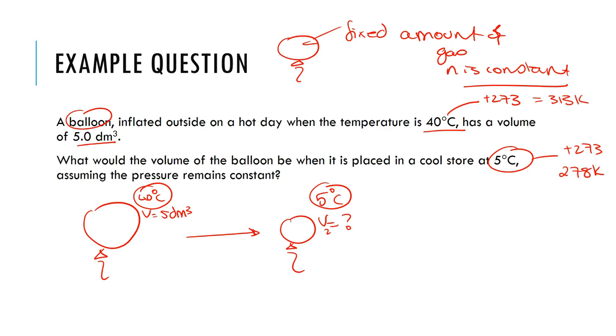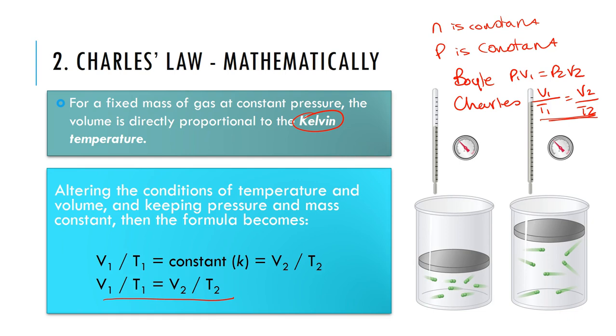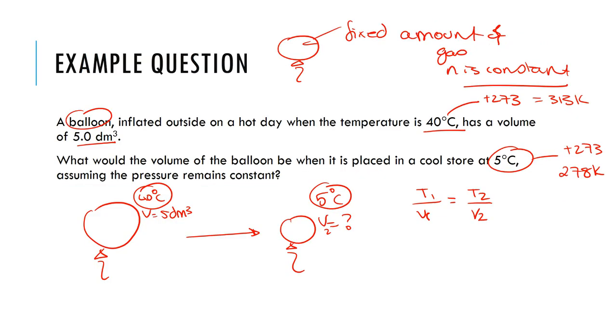So when we substitute in, we remember that we have V1 over T1 is equal to V2 over T2. Whoops, I got it upside down. Let's try that again. V1 over T1 equals V2 over T2.